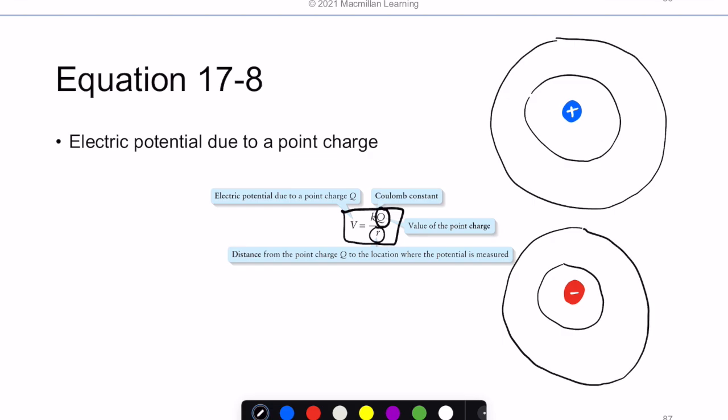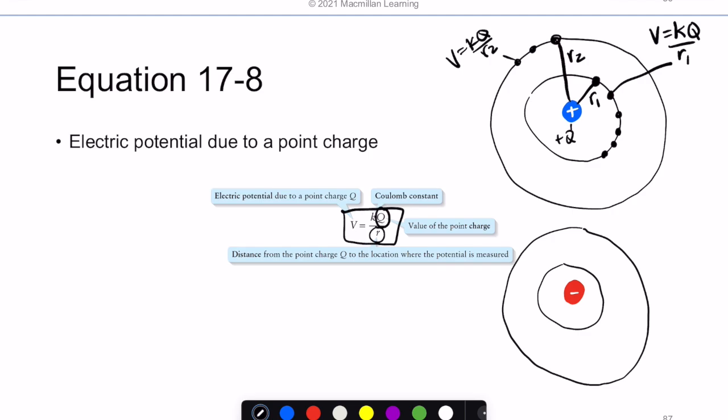So if I am a distance of, let's say, R1 away from this charge, and this is R2, well, the value of the potential anywhere on this circle will be given by KQ over R1. The potential anywhere on this circle will be given by KQ over R2, where Q is a positive charge, okay?